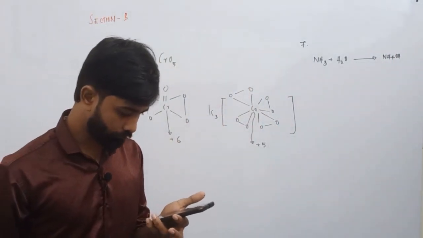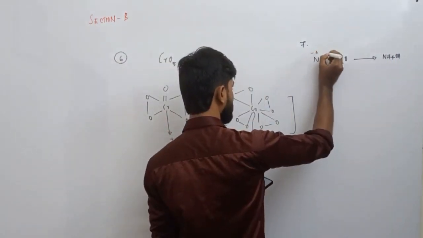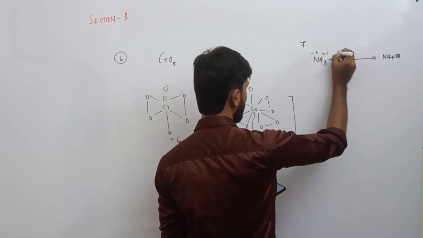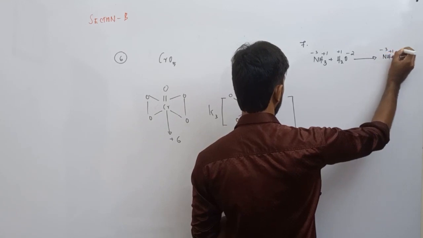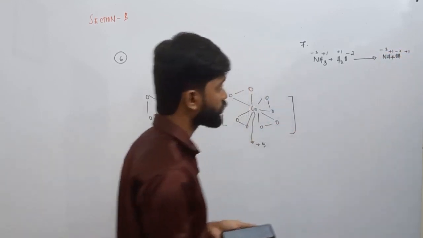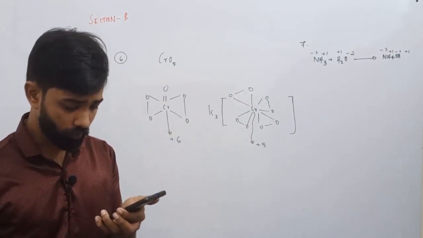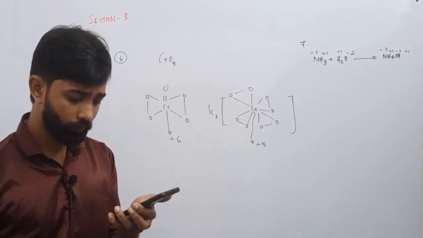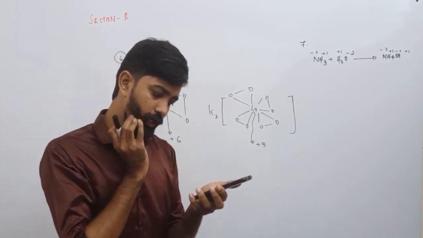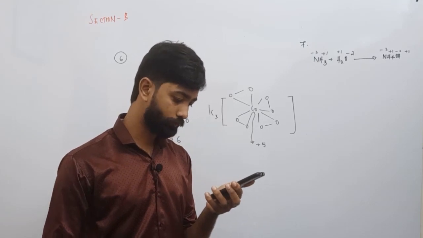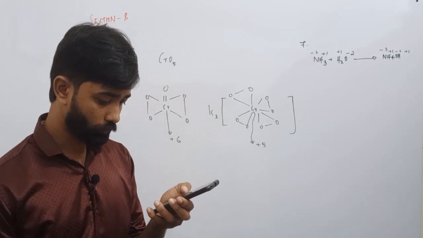The oxidation states are -3, plus 1, plus 1, minus 2, so -3, plus 1, -2, plus 1. So there is no change in oxidation state for any component, so no electron is involved. This is simply a hydrolysis reaction. So you can choose the choice as 0.